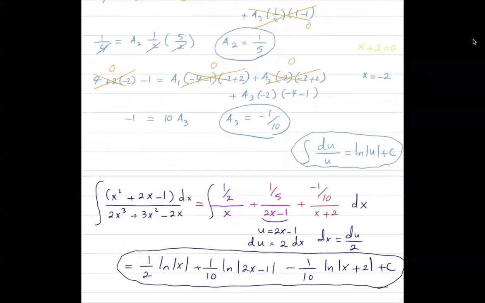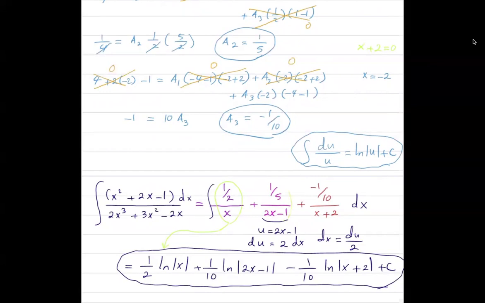partial fractions and use the method of integration of du divided by u, which is ln of absolute value of u. So this integral becomes the integral of a half divided by x, which is ln of absolute value of x times a half.